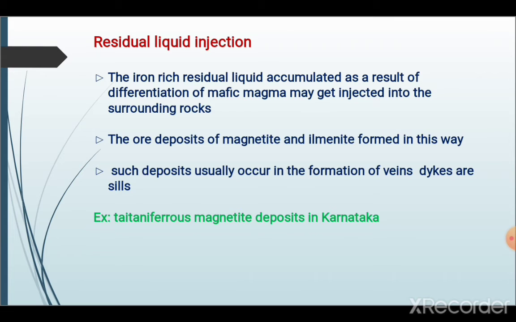The ore deposits of magnetite and ilmenite are formed in this way. These are called injection deposits. Such deposits usually occur in the form of veins, dikes or sills. An example of these residual liquid injection deposits is the titaniferous magnetite deposits in Karnataka.